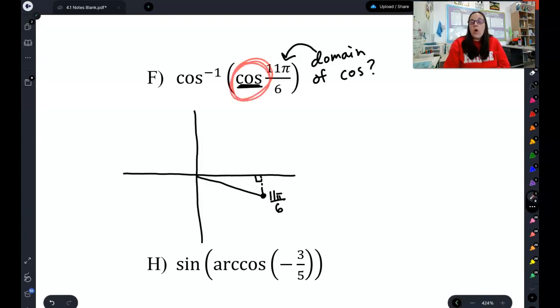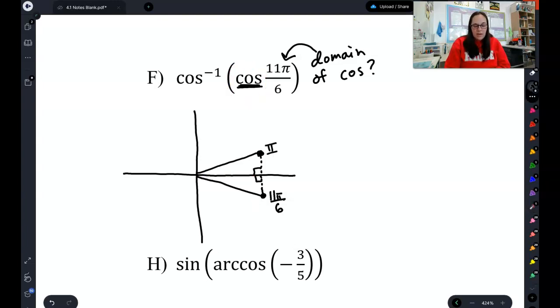We're looking at cosines here. So what other triangle has the same cosine or x value? Well, that would be this one right here. That triangle has the exact same x value. So these triangles share the same cosine value.